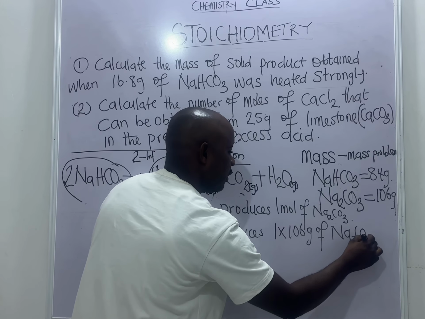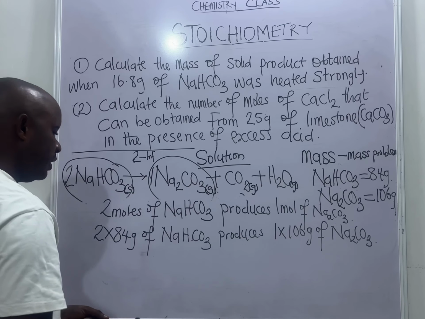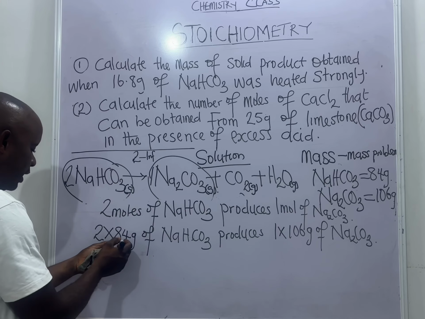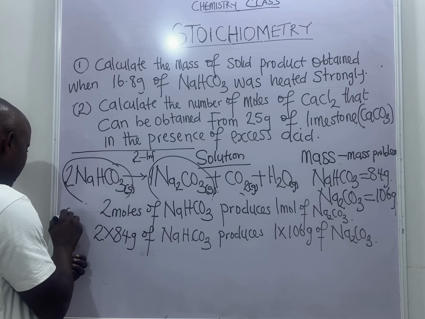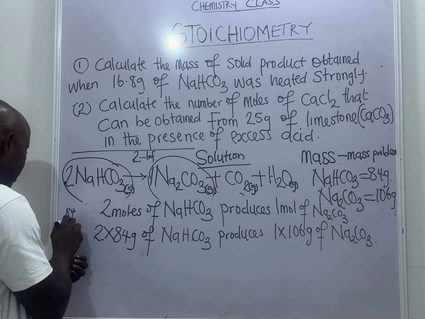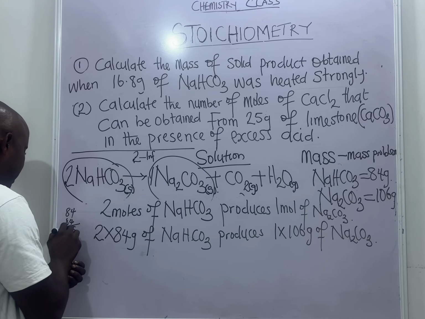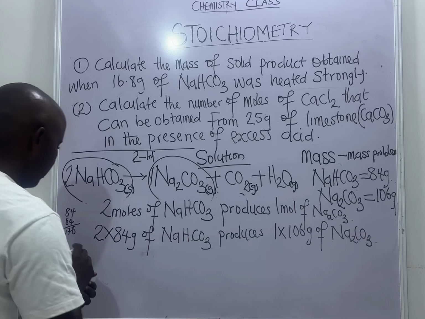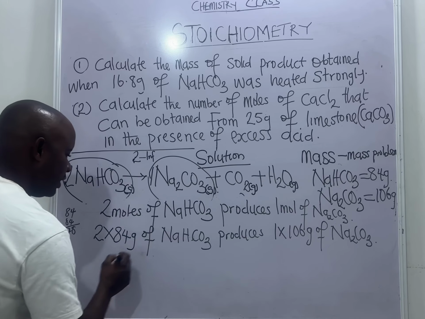You can see this now. We have compared. So invariably we have 84 plus 84, we are going to have 168, plus 10, 178. All right, so we have 178 here.